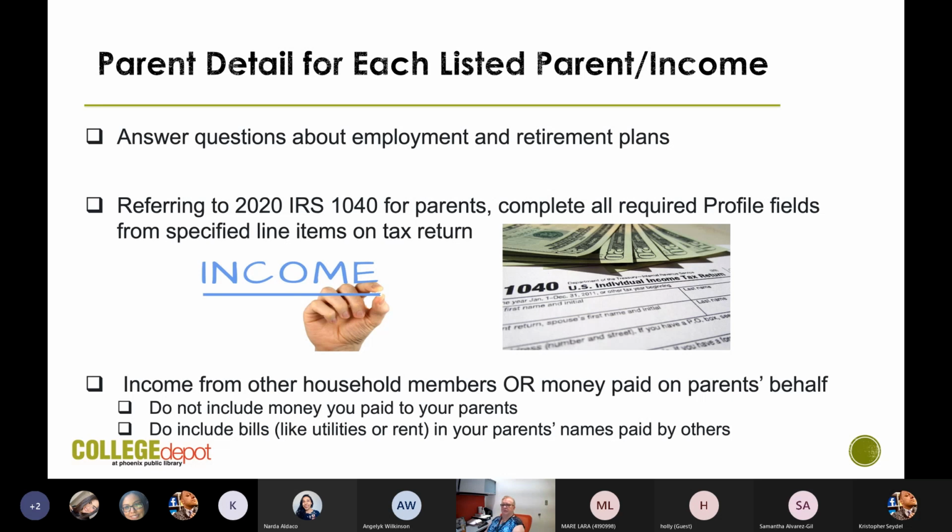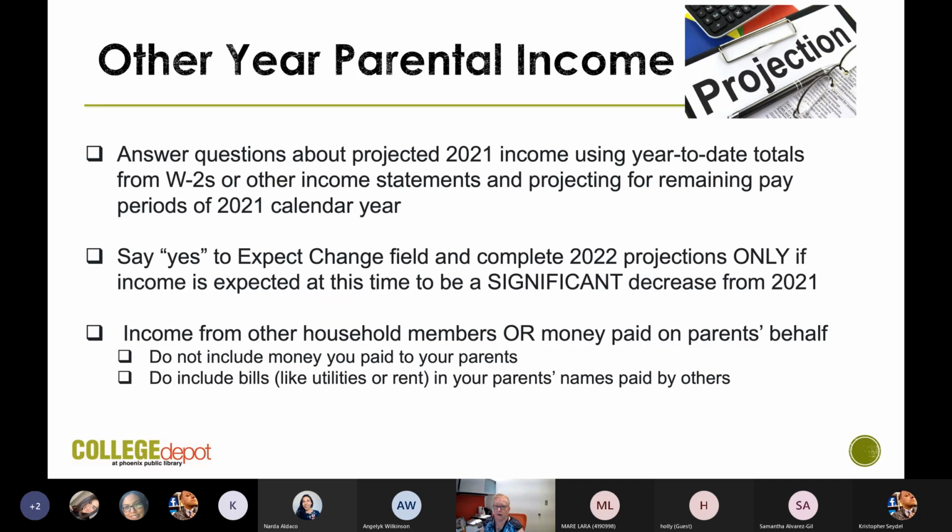And now we're going to get to the very, very ugly screen that some of you really suffered through on the FAFSA as well. And this is the form when you are talking about the U.S. return in front of you. It is very specific. It is asking you to pick up line items from that form. You want to follow this to the letter.